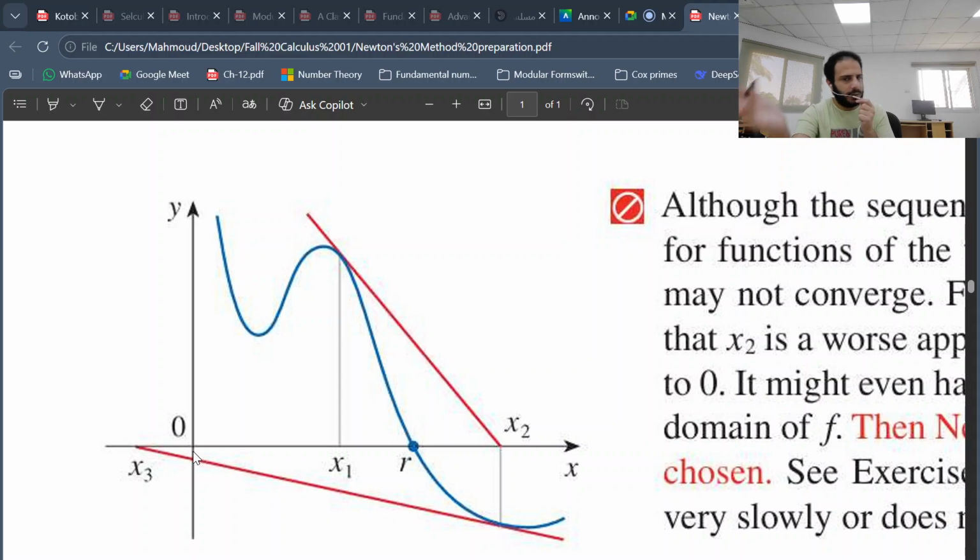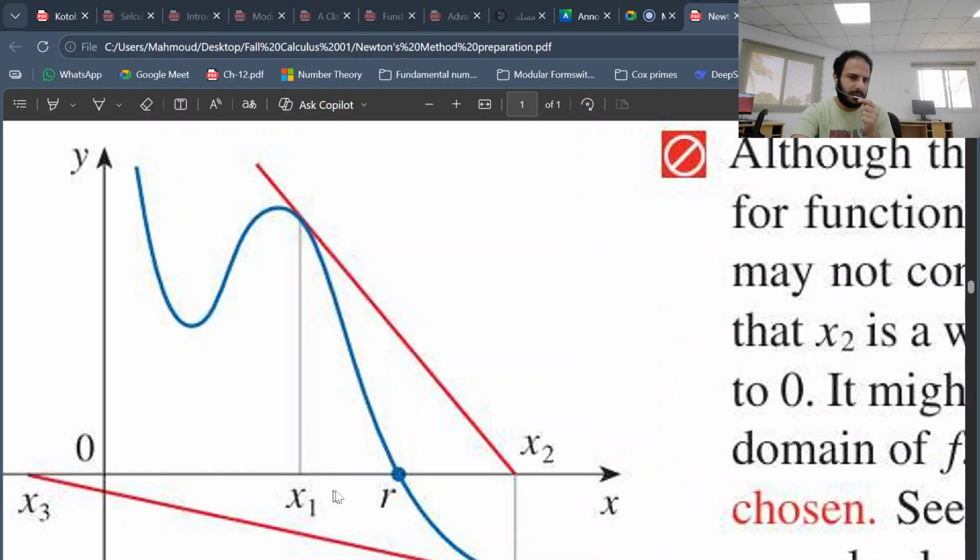Is x3 closer to R than x2? No. So the idea here is that for some functions the method is not good, because you need to choose a value close enough to the value of R.